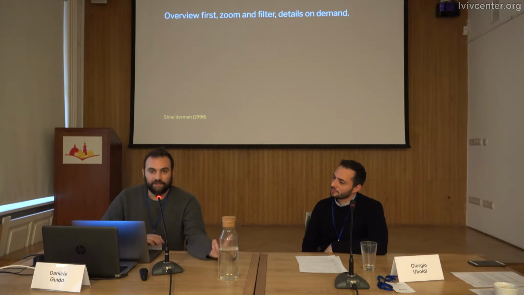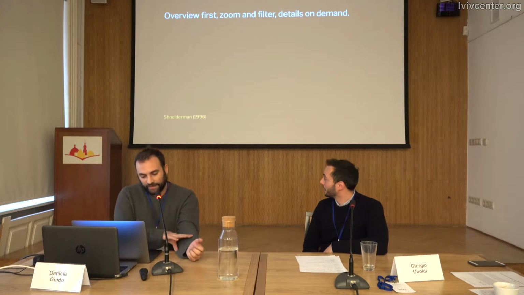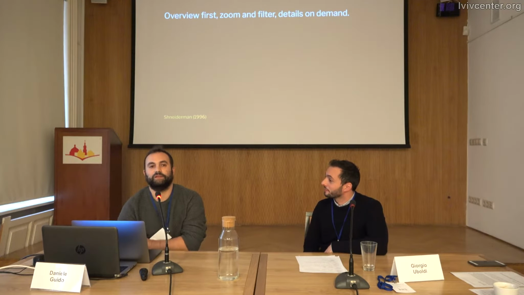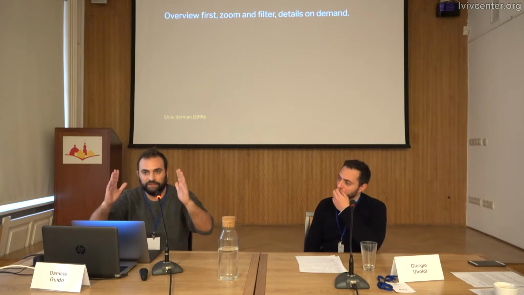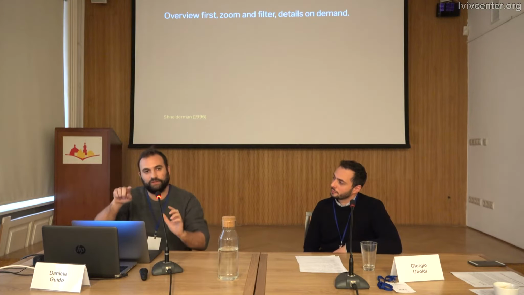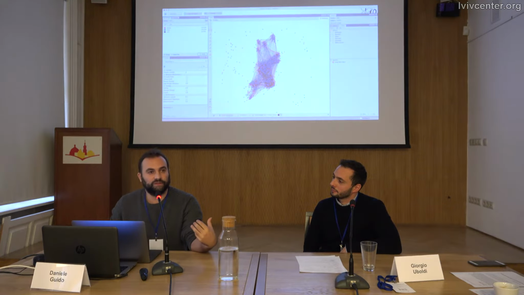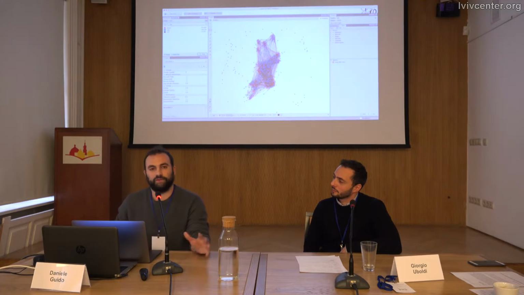One of the main and most famous mantras of visual analytics and visual design, by Ben Shneiderman, is: overview first, zoom and filter, details on demand. So you have something, an archive, a corpus, you make it more manageable, and then you ask for details. And usually, I don't know if you know this interface, it's Gephi, to visualize networks, and it works more or less like this.